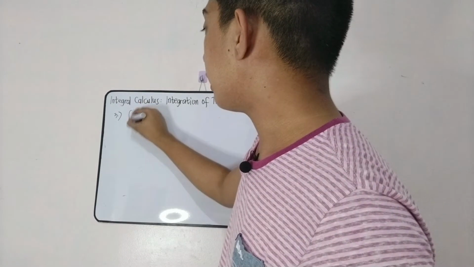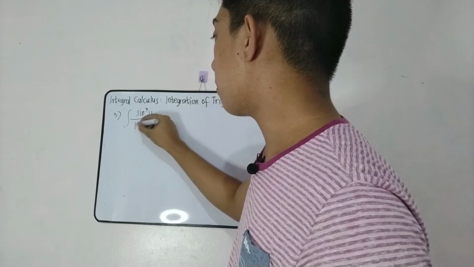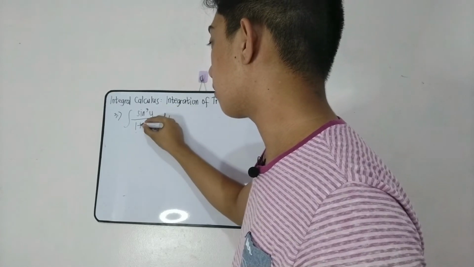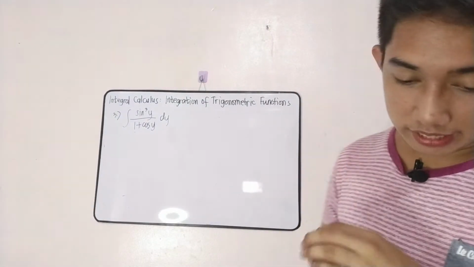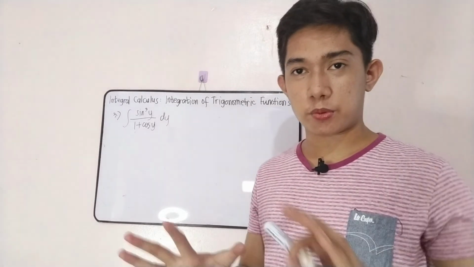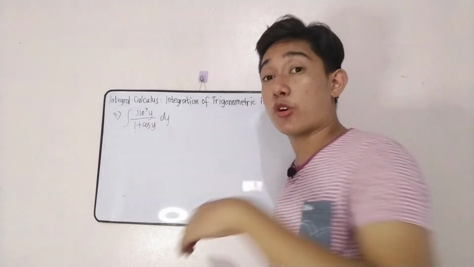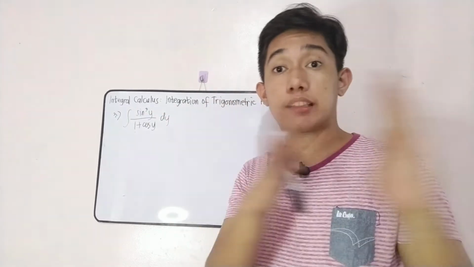Sine cube y, or the integration of sine cube y all over 1 plus cosine y dy. Okay? So, ano gagawin natin dito? Mahirap yung ating problem because yung denominator natin binomial, so hindi tayo usually makaka-separate.